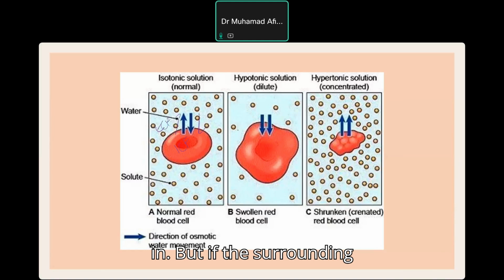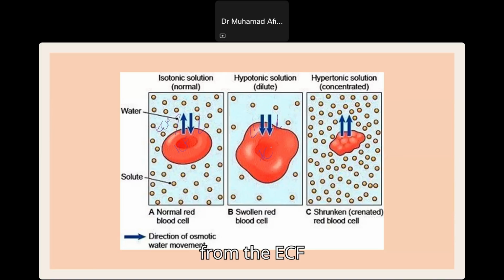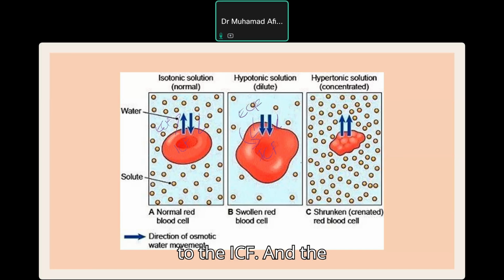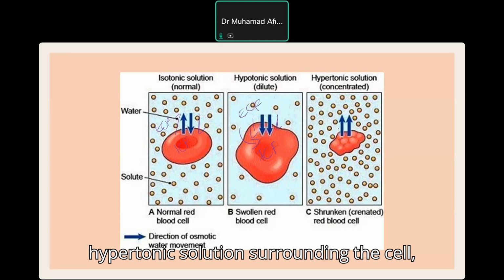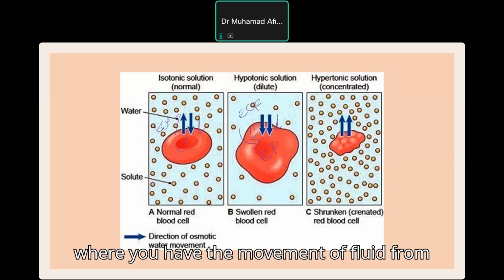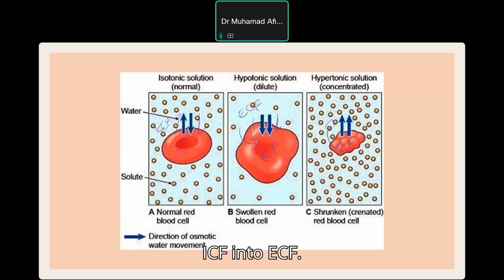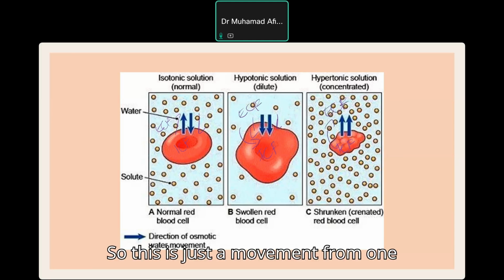But if the surrounding solution is hypotonic, you have more fluid entering from the ECF to the ICF. The opposite occurs if you have a hypertonic solution surrounding the cell, where fluid moves from ICF into ECF. This is just the movement for one cell.